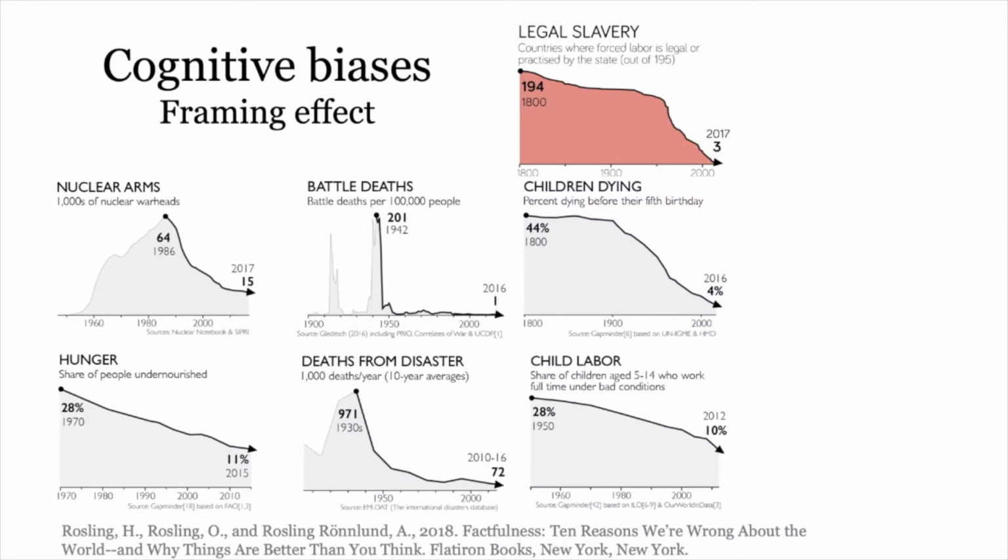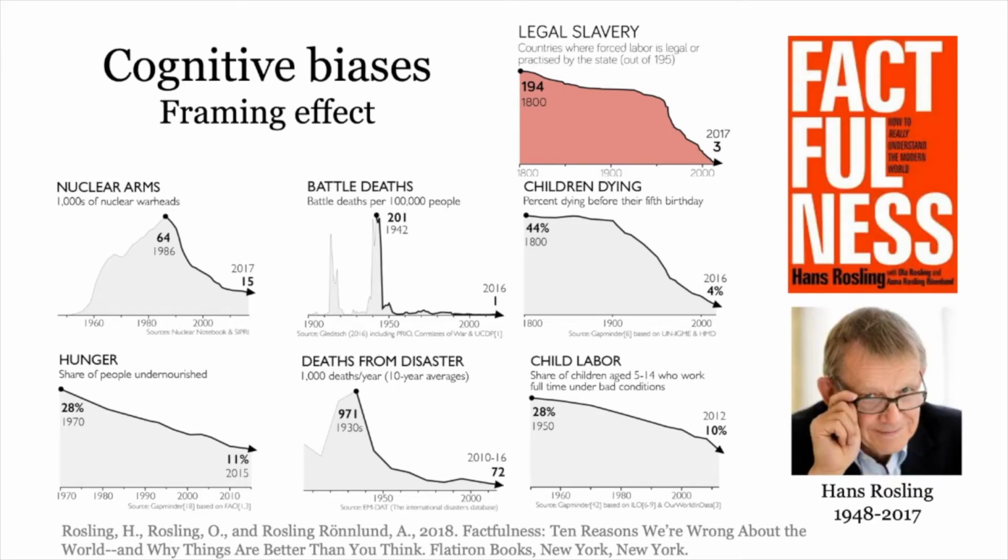And there are several examples of this, not the news necessarily, but our perception of the world and the actual state of the world, what the data says. Lots of these are laid out in Hans Rosling's book, the one I talked about earlier, published posthumously, Factfulness. Fantastic read.